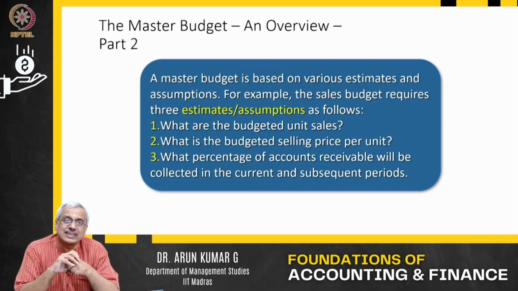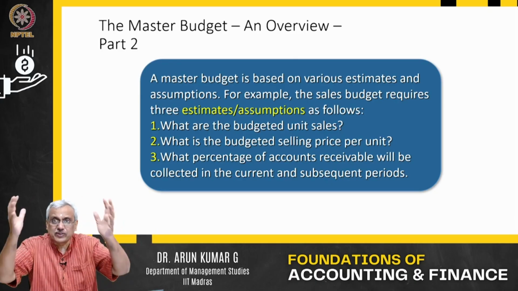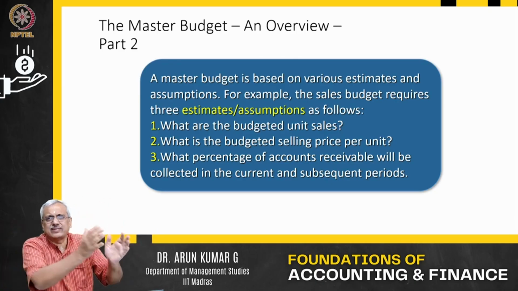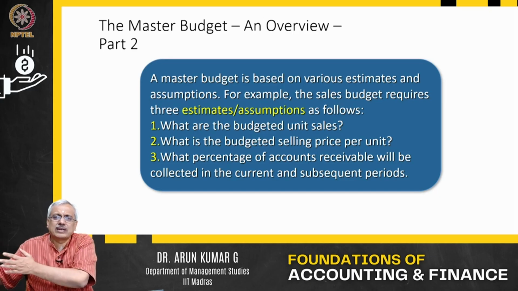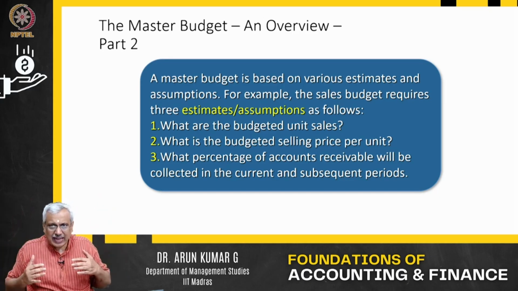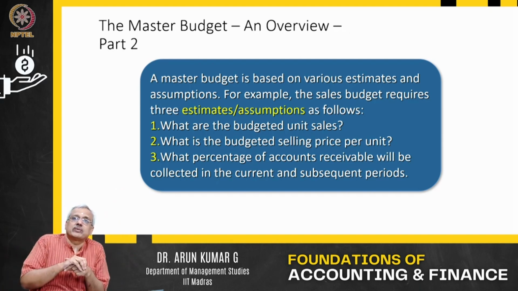What we call a master budget is when we collate all these things, put everything together, sales, production, ending inventory, collection budget, labor budget and so on, and finally arrive at the P&L and balance sheet. It answers what the budgeted sales are, what the selling price is.